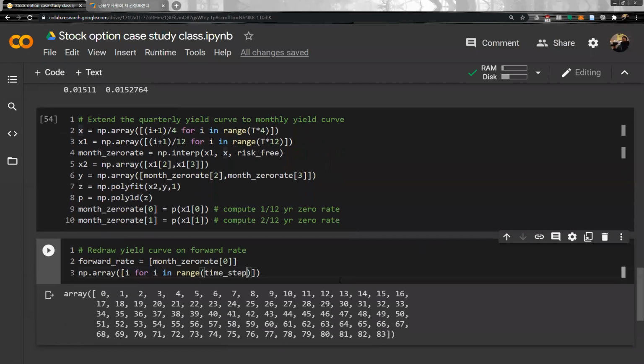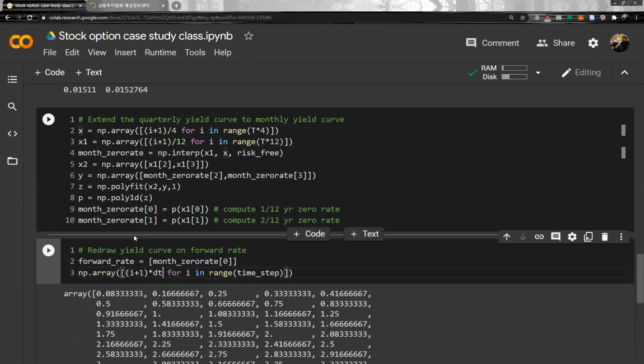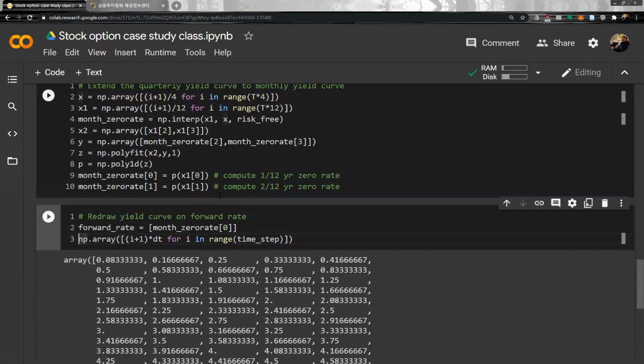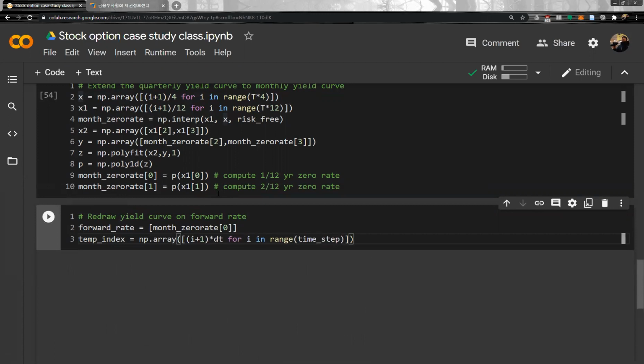It should start from i plus 1, so the first month to 84 months. And then of course we want to transform it in terms of year. It is in terms of months, so to get years, multiply by dt. Then we have something in terms of year, so it ends with 7. Let's call this the time index.